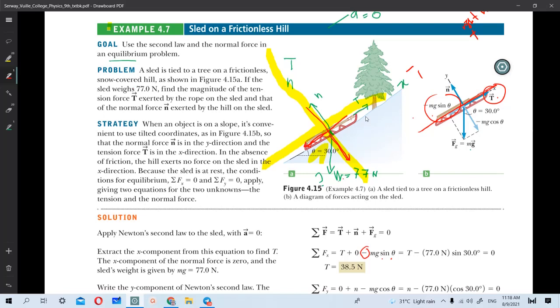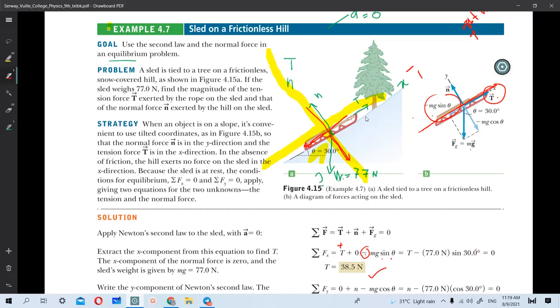Meaning your right hand is in the same direction as T, and your left hand is mg sin theta. And T is directed to the right. And therefore, that's the reason why T is a positive value, mg sin theta is a negative value. And then substitute the angle, then you can solve the value of the tension.